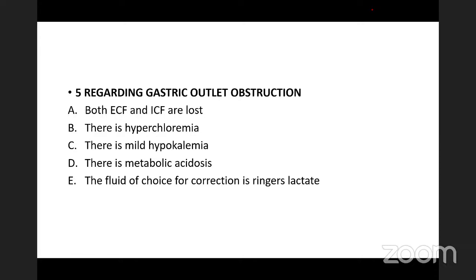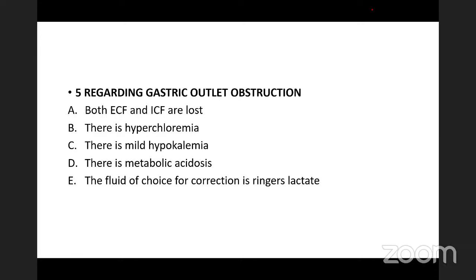The fluid of choice for correction is Ringer's lactate. Now, don't ever forget, Ringer's lactate is contraindicated in a patient with gastric outlet obstruction.